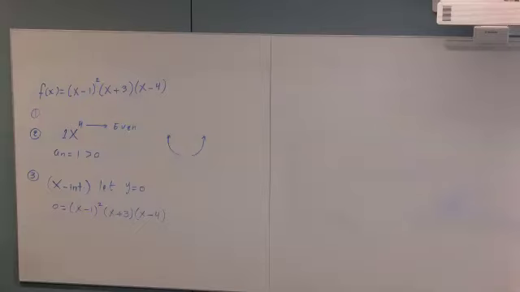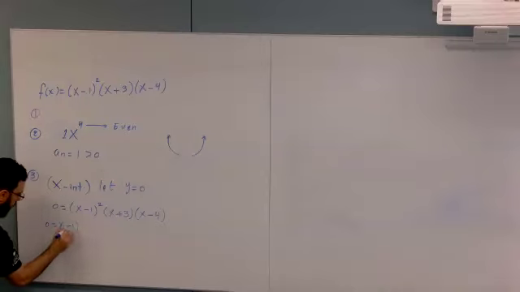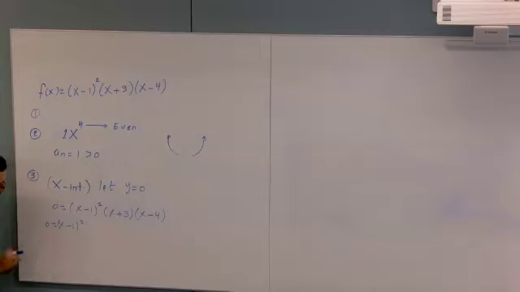How are we gonna solve it? 0 equals x minus 1 squared. Take the square root of both sides. So x minus 1 equals 0. So what is the value of x? 1. As a point, the x-intercept is going to be 1 and 0. Because this point, we're going to graph it.